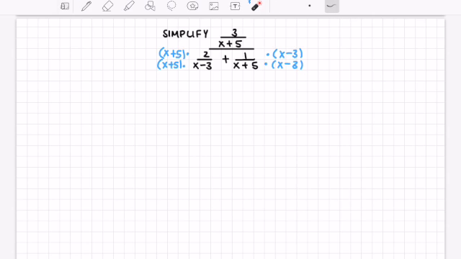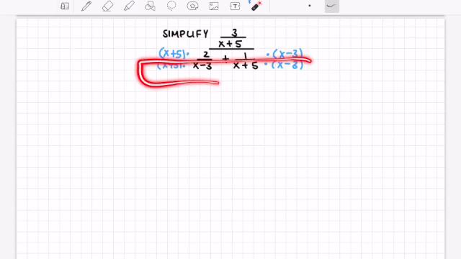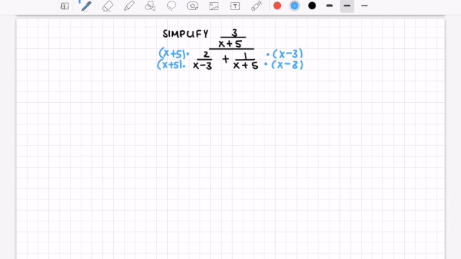Again, I will only combine or distribute anything on the top. I will leave my factors alone on the bottom. So we get the 3 over x plus 5, not really dealing with it yet. And on the bottom, we have 2 multiplying with x plus 5, so that becomes 2x plus 10.